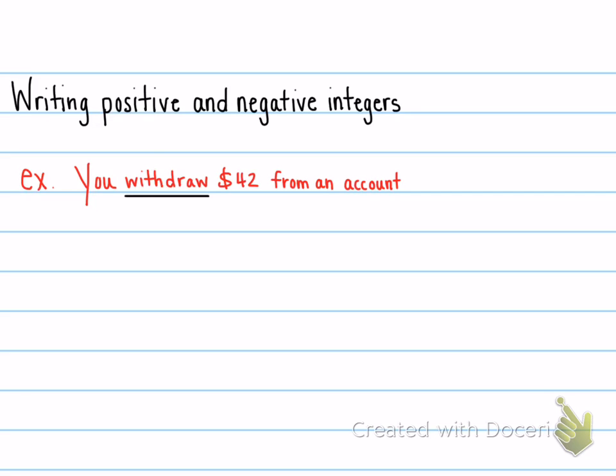When you take money out of an account, your balance gets lower. Therefore, it is a negative amount. It's below 0 on a number line. So withdrawing $42 from an account would be negative 42.